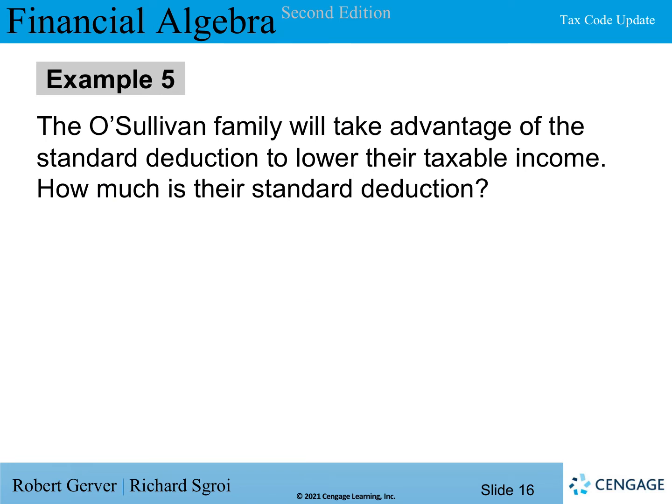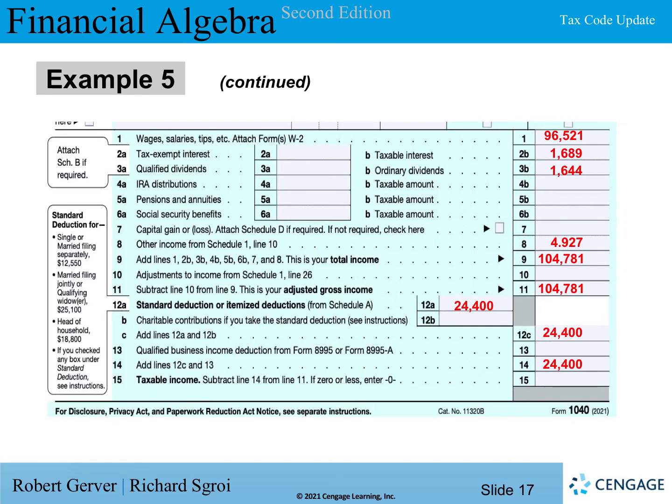Now, the O'Sullivan family are going to take advantage of the standard deduction to lower their taxable income. How much is their standard deduction? Basically, they're not going to itemize their deductions. They're simply going to take the standard deduction. The standard deduction is shown here, from the standard deduction or itemized deductions.